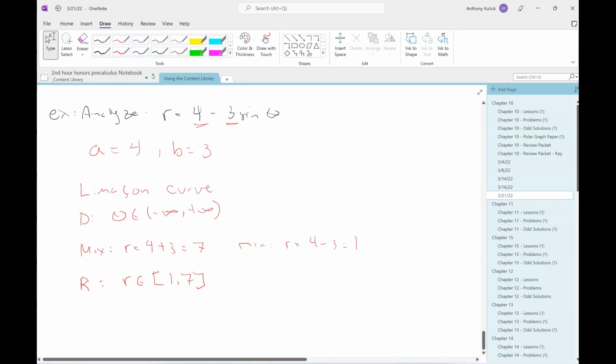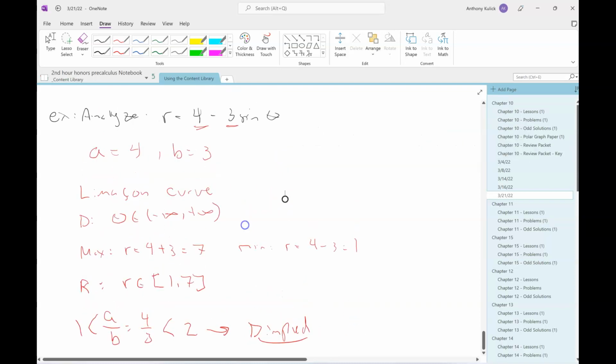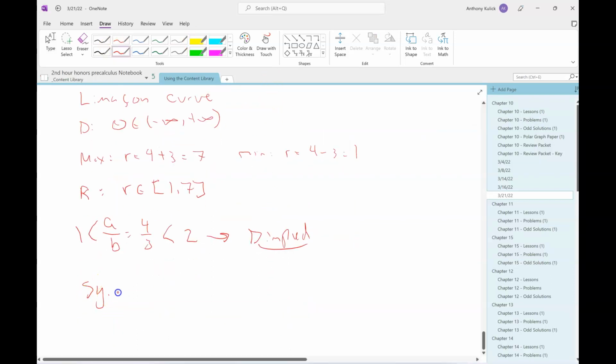A over B is 4/3, which is between 1 and 2, so that tells me this is the dimpled. And since it's the sine version, the symmetry is y-axis.